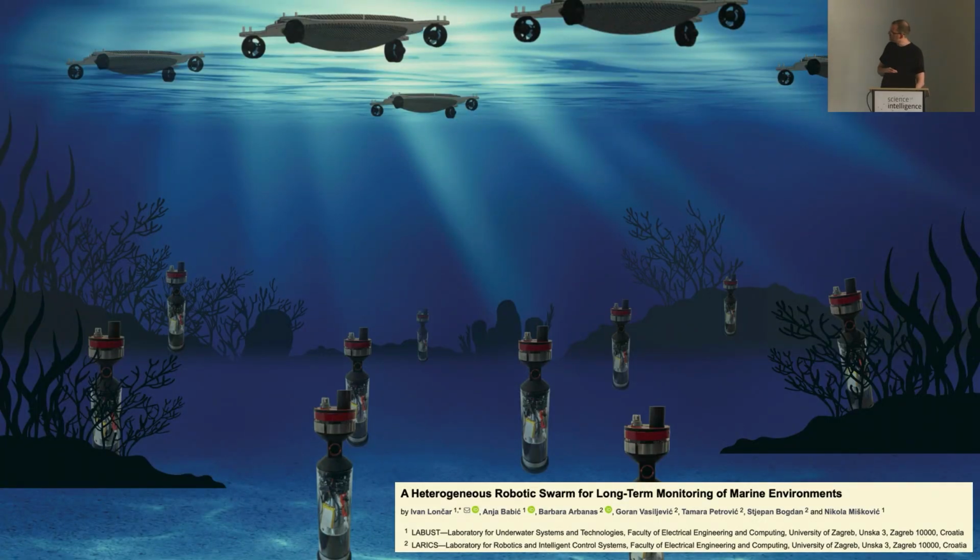One more example is this. This is from an actual paper by colleagues from Croatia. This is monitoring underwater environments. So you would have a heterogeneous swarm with some swimming up there on the surface.